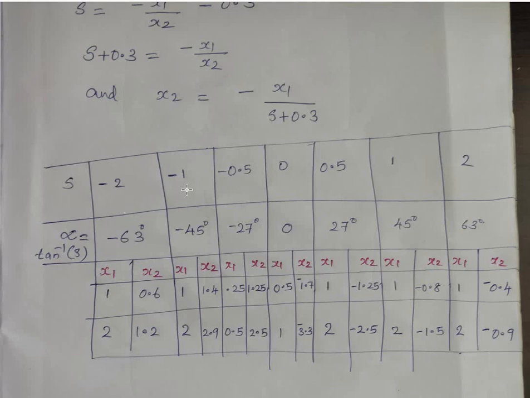At the slope minus 2, minus 1, minus 0.5, all these points I have to plot isoplanes. And the isoplanes I can plot through the points like 1, 0.6 and 2, 1.2. So, by taking this, I will show you the graph.